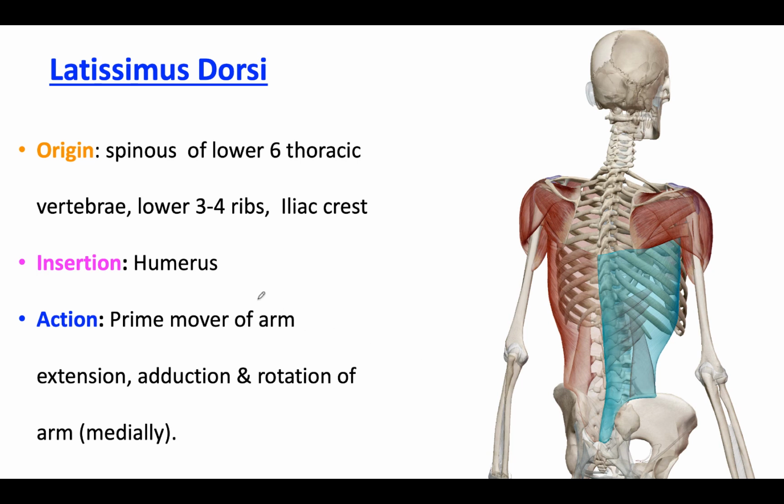Okay, and then the insertion, it's hard to see it in this, and I am going to find you a great video. I think I have one somewhere, but it inserts on the humerus, and it's one of the prime movers of the arm for extension, adduction, and it allows you to medially rotate your arm. Medial meaning inwards towards the midline.